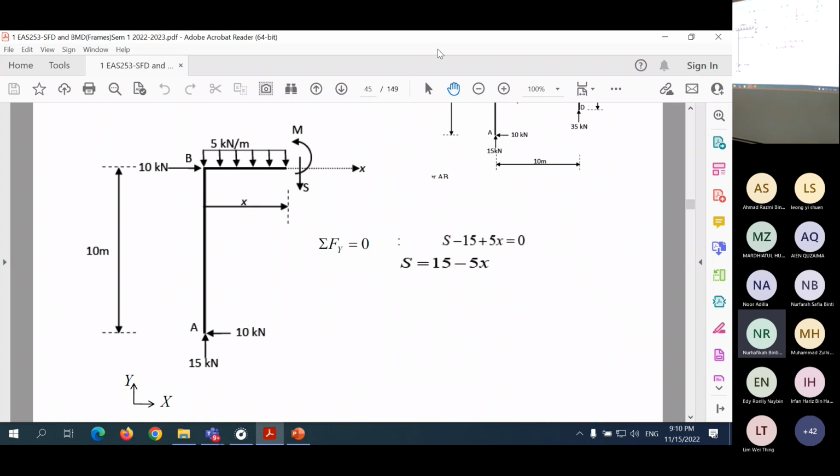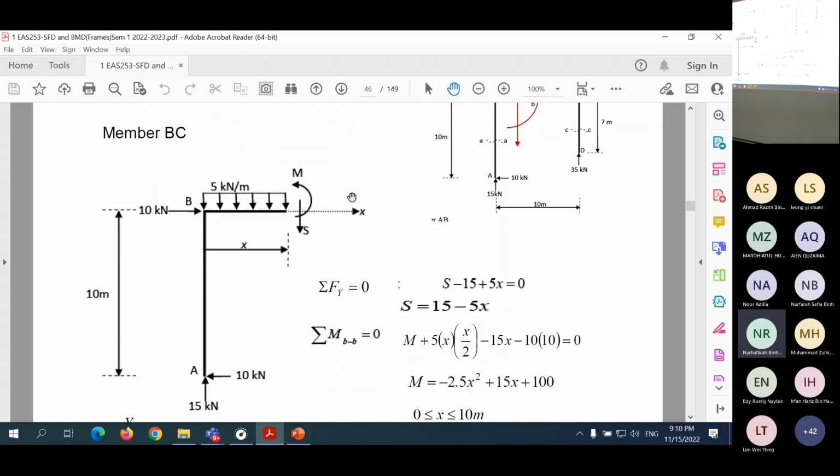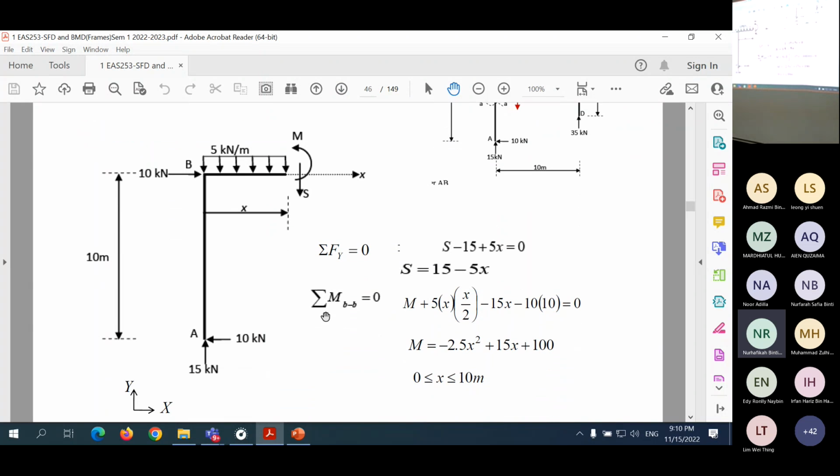So next, bending moment. The same thing: you take a section, take moment at the cut section here. Then you get this bending moment plus this due to this load, and this one is coming from this. And this one and this form a couple, 10 multiplied with 10, in directions opposite to this.